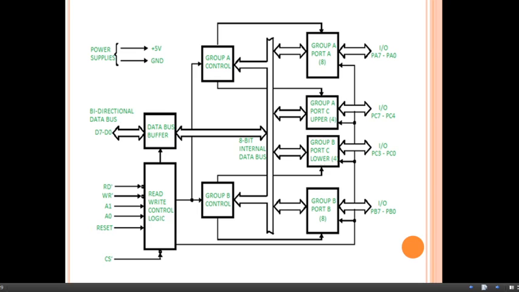The function of port A and port B is decided by the control bit pattern available in control group A and control group B.